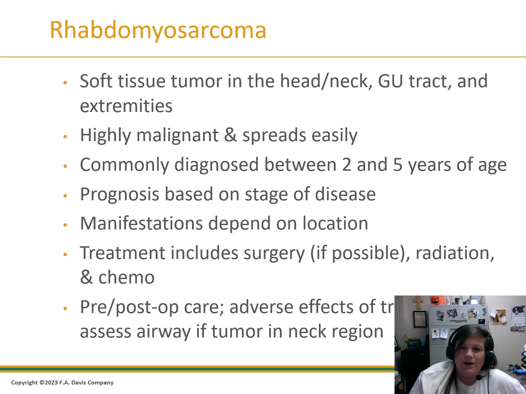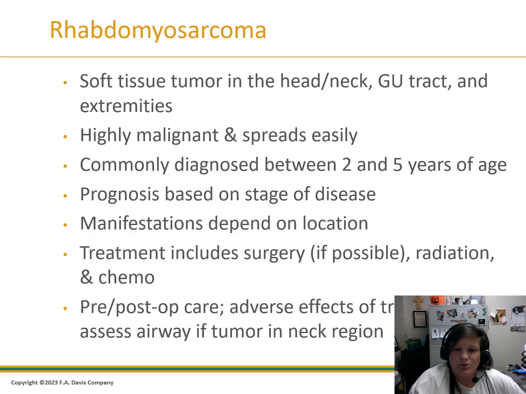When it mentions the rapid metastasis and spread, unfortunately, this one tends to spread to the lungs and the lymph nodes. So based on our understanding of that, it can obviously be an emergency and can have a much more impactful role in the patient's prognosis.